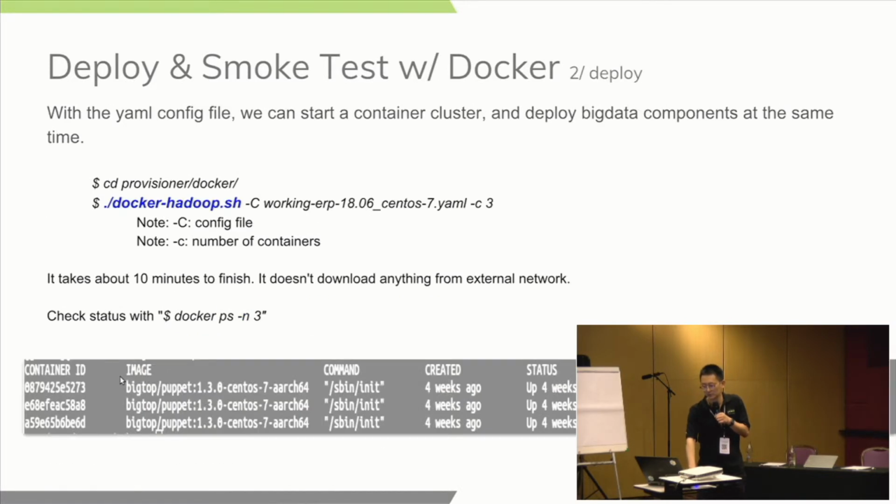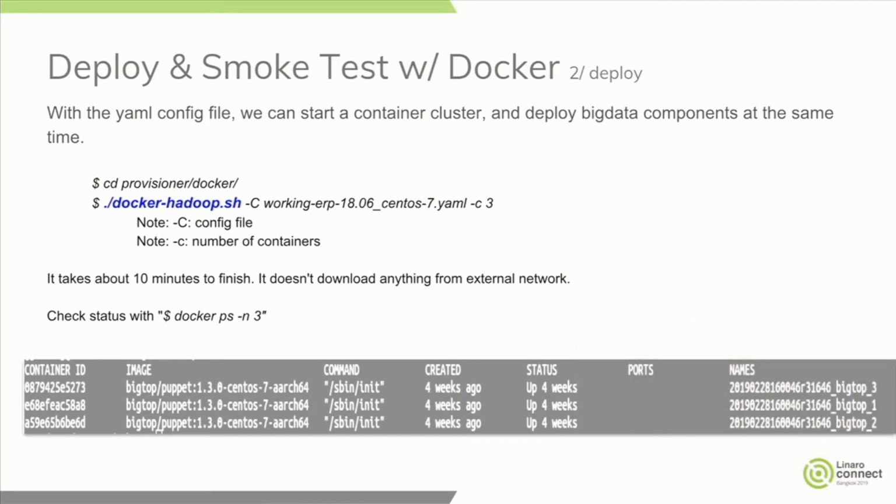Okay, after you got your YAML file ready, you can just run docker-hadoop.sh to launch them. In this command line, you specify the configuration file with -c, and also the number of containers you will use with -n. Here I bring up a 3-container cluster.